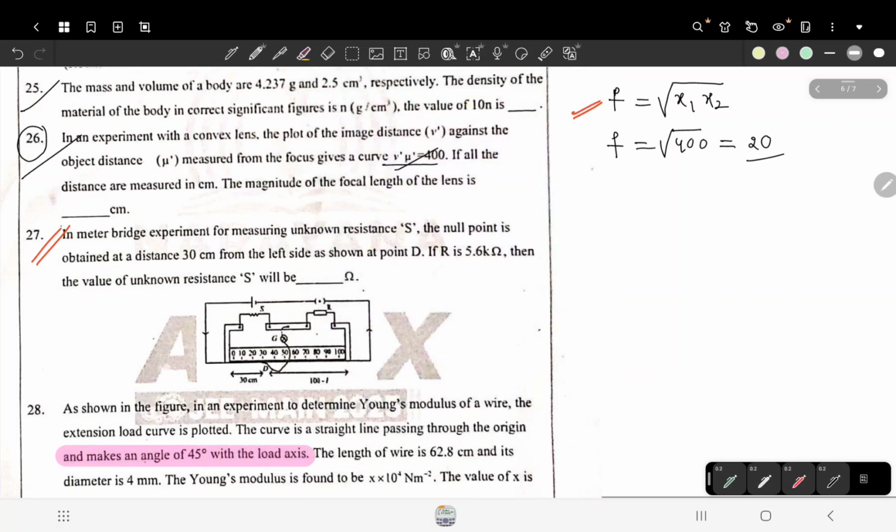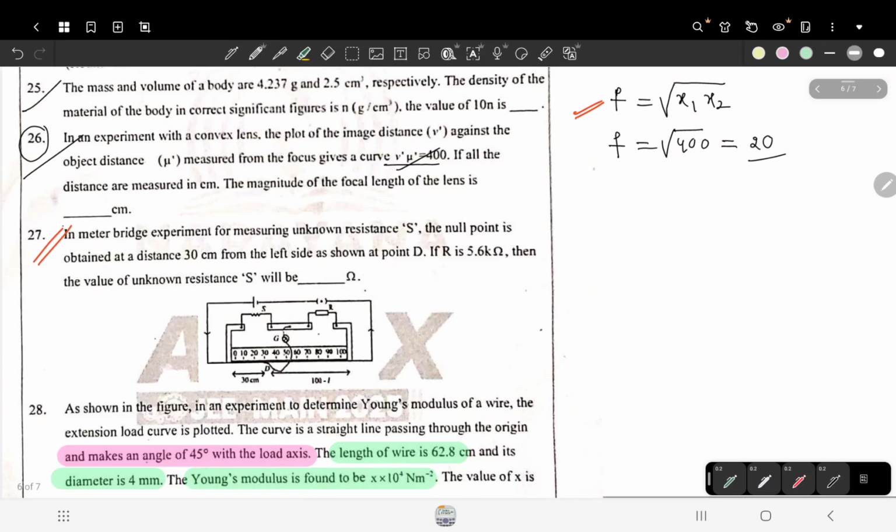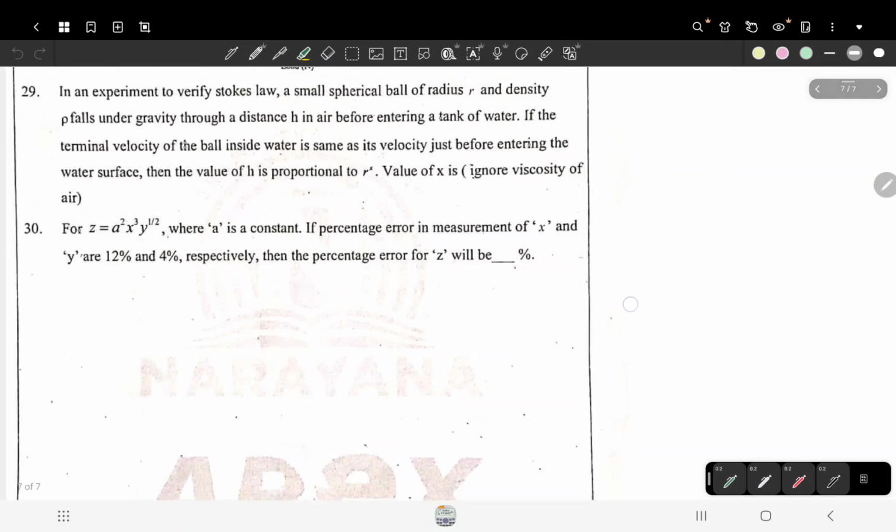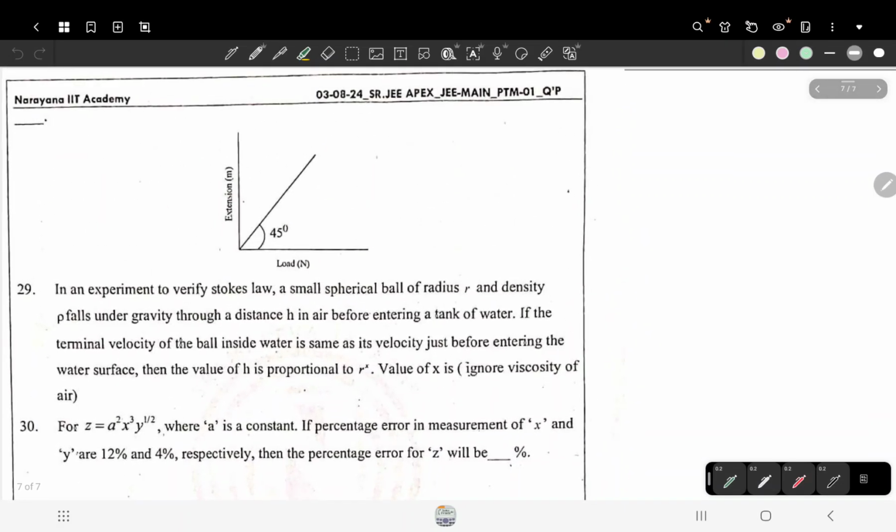The length is given as 62.8 centimeter, and the diameter is 4 mm, and we need to calculate the Young's modulus from the graph. That was the graph which is given.